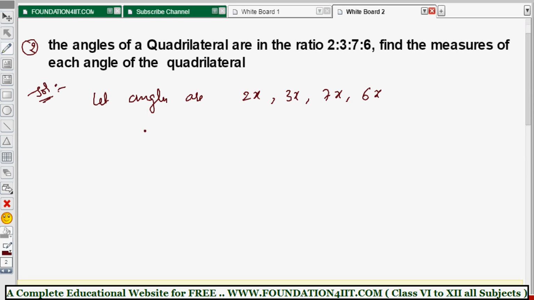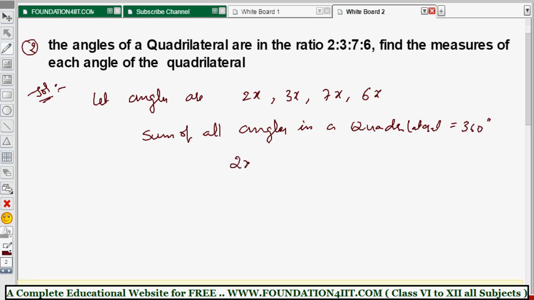According to the property, the sum of all angles in a quadrilateral is equal to 360 degrees. So 2x plus 3x plus 7x plus 6x is equal to 360 degrees.